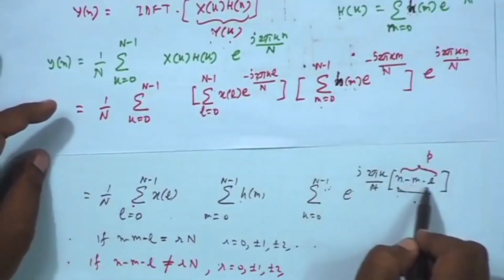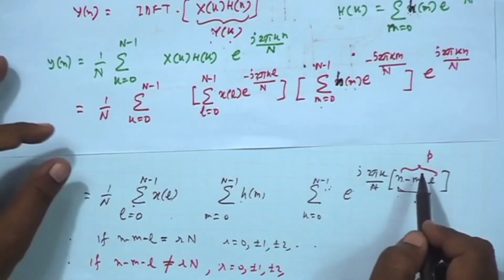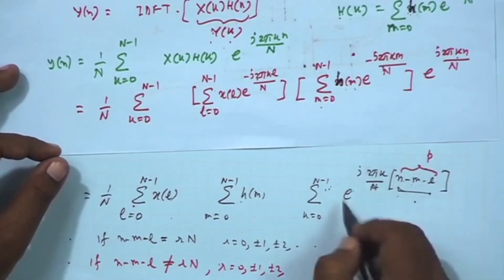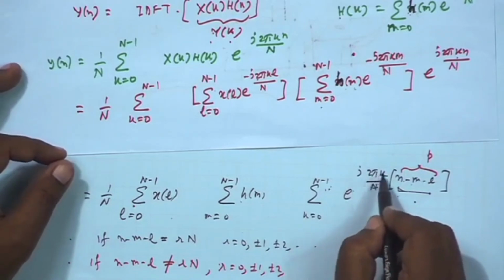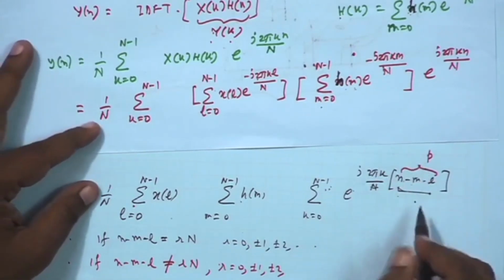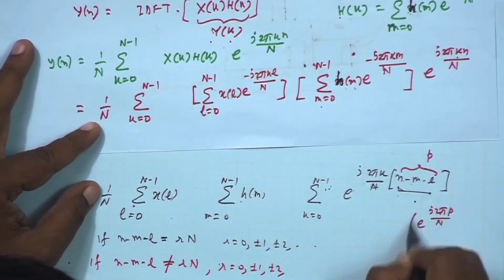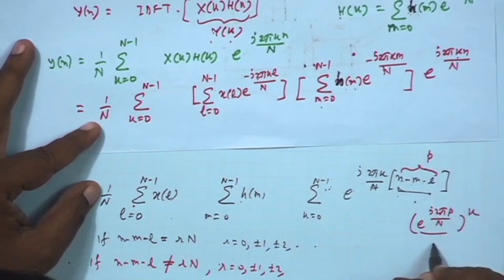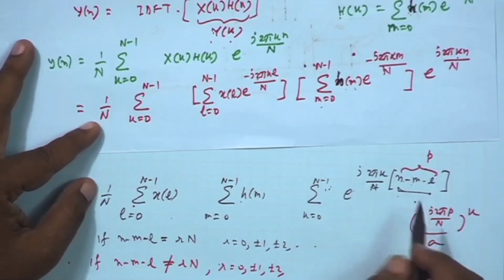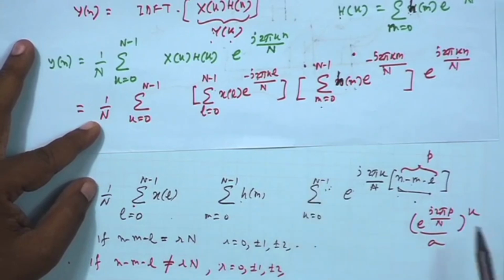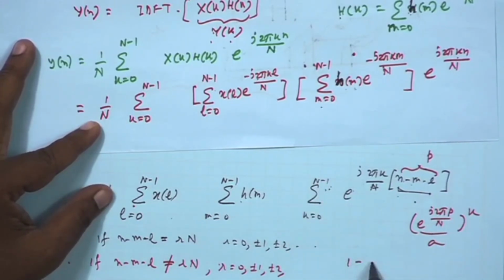You want to find out y[n] at a particular n within the range 0 to capital N minus 1. So, integer minus integer minus integer is an integer, can be positive or negative, does not matter. And it is a summation of e to the power j 2 pi k by capital N into p. If you take e to the power j 2 pi p by N, then whole to the power k, and call it a, then the summation over k from 0 to capital N minus 1 will be 1 minus a to the power N by 1 minus a.